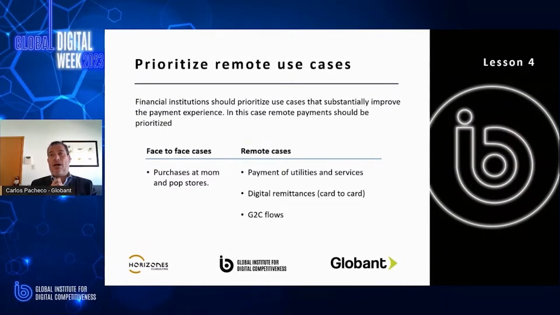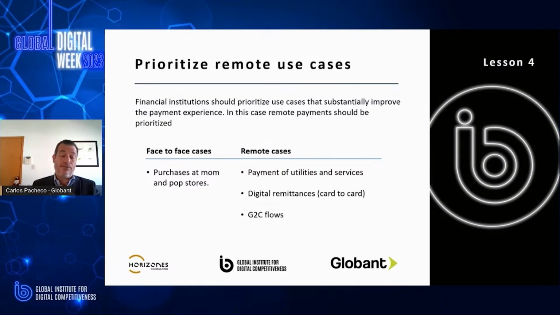The fourth lesson is really about how we prioritize some use cases that are critical to have success. In the past, I think that most financial inclusion efforts have been focused on face-to-face use cases, mostly those about doing grocery purchases in small mom and pop stores called changarros in Mexico, pulperías in Costa Rica.